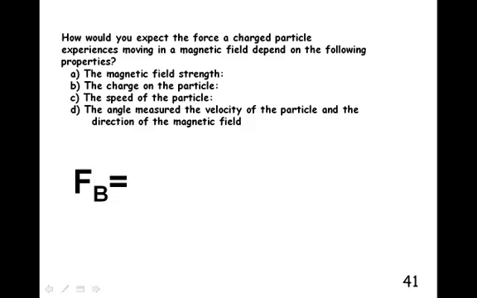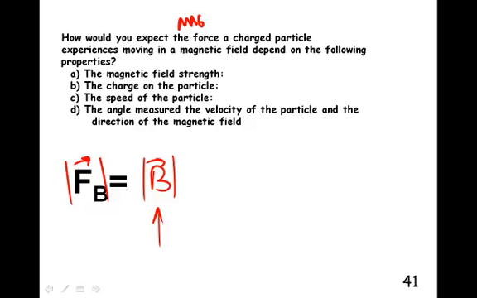How would you expect the magnitude of the force on a charged particle to behave if the particle is moving in a magnetic field? Well, I would expect that the stronger the magnetic field, the stronger the force would be. So looking at the magnitude of the magnetic force, I think it's directly proportional to the magnetic field.